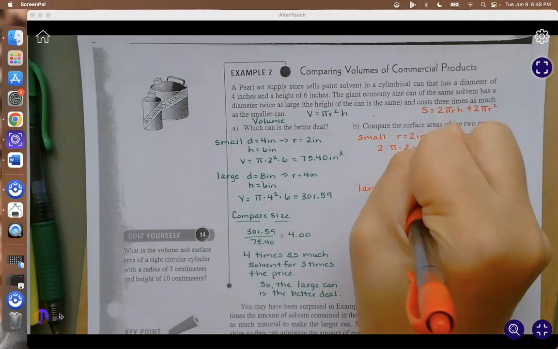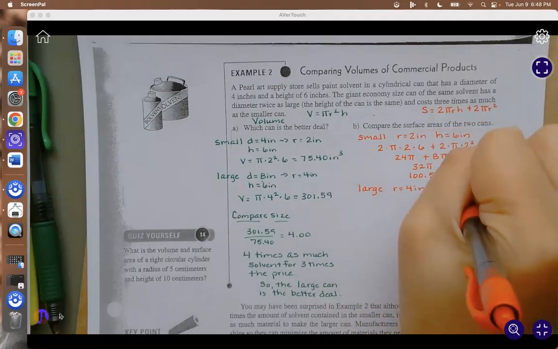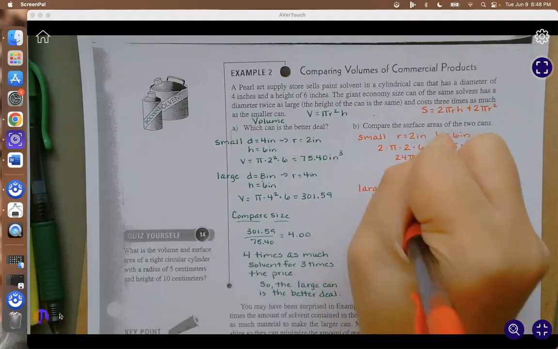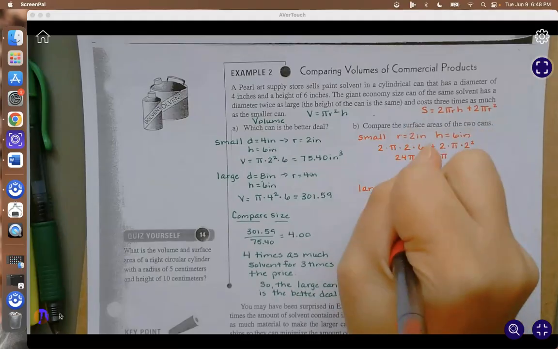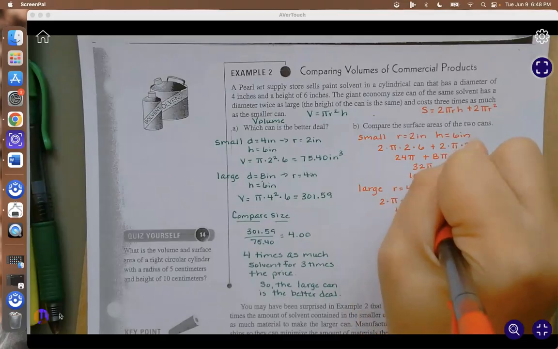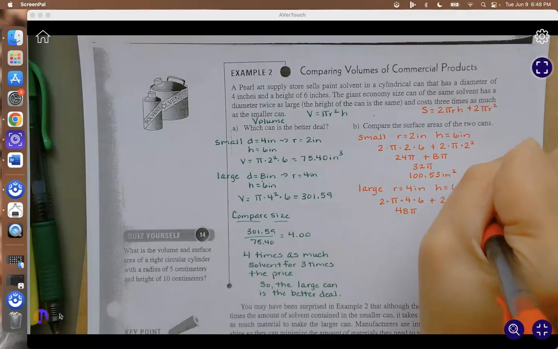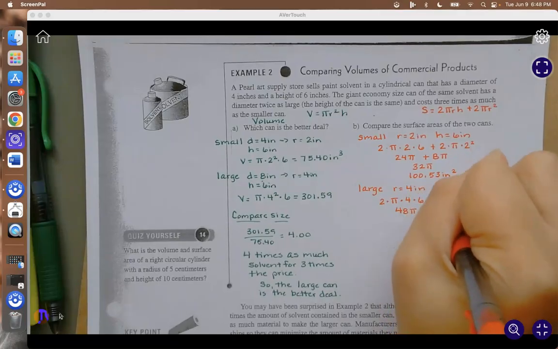Now let's look at the large. The radius is 4. The height is 6. So 2 times pi times 4 times 6 gives me 48 pi, plus 2 times pi times 4 squared, which gives me 32 pi.